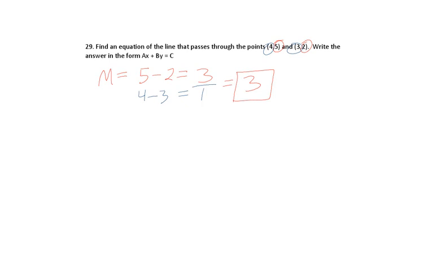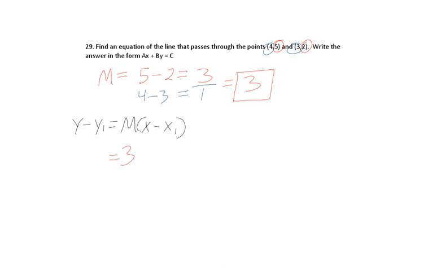Okay, next we can use our point slope formula that we did last time. We now know that the slope is 3, so we got that. Now, you do have 2 choices for x and y, and here's the good news. You can use either one. It doesn't matter which one you decide. I like 3 and 2. The numbers are smaller.